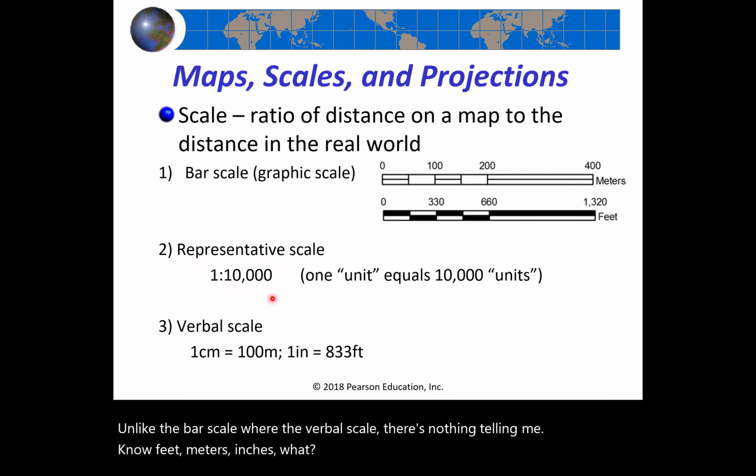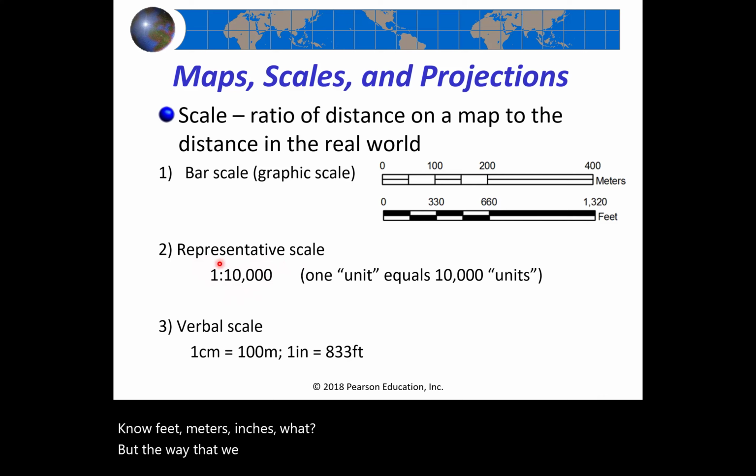But the way that we read this is that it's still a ratio, but it's unitless. It means I can use any unit. And the ratio of the units is that 1 unit on the map equals 10,000 units in real life.